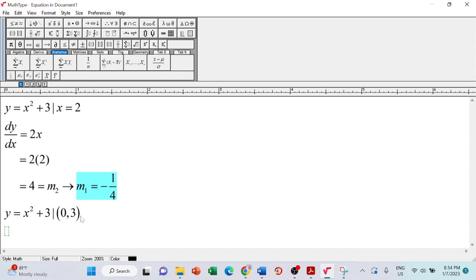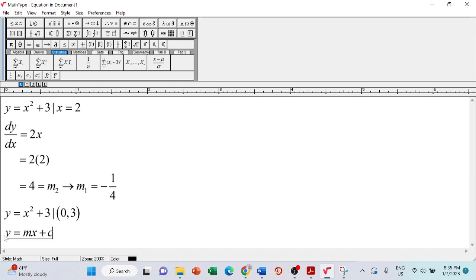Okay. So, apa equation untuk normal line? Basically equation dia akan menggunakan standard form straight line equation, y sama dengan mx tambah c.